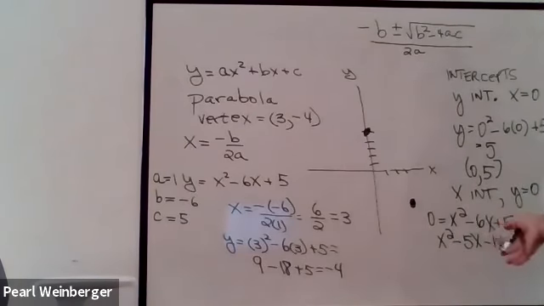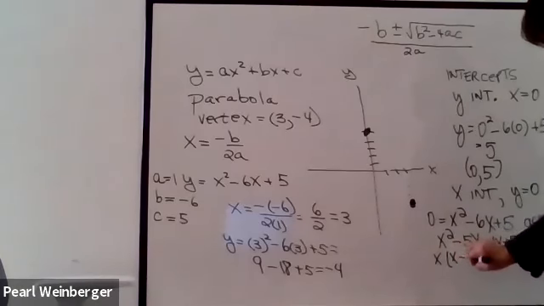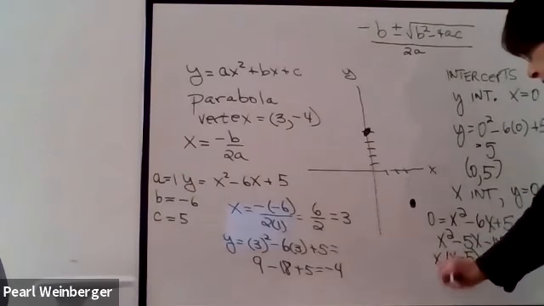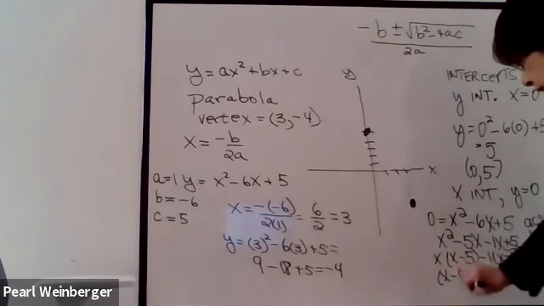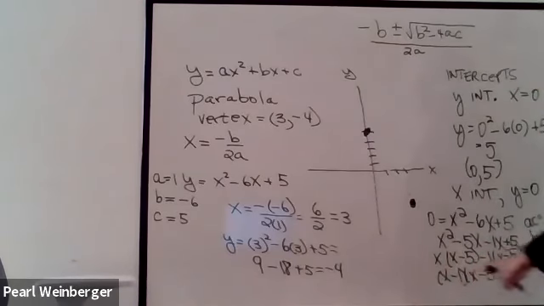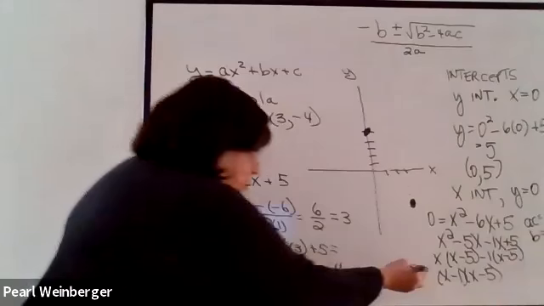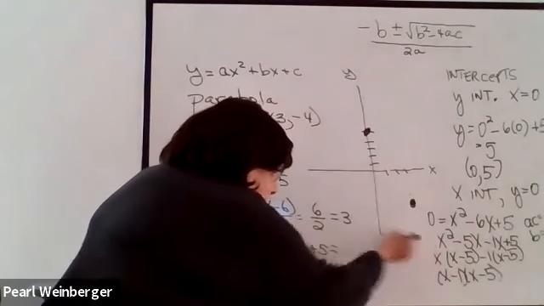Again, if you don't like doing it that way, of course, you can use the quadratic formula or completing the square on this one. So this gives you x times x minus 5 minus 1 times x minus 5. So it factors to x minus 1 and x minus 5. Notice that makes sense because negative 1 times negative 5 is positive 5, and negative 1 plus negative 5 is negative 6.